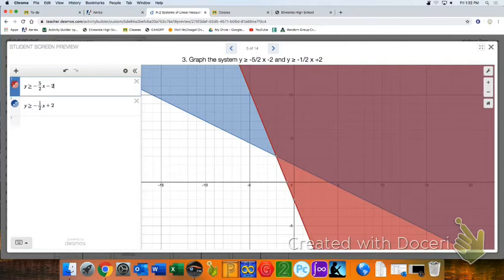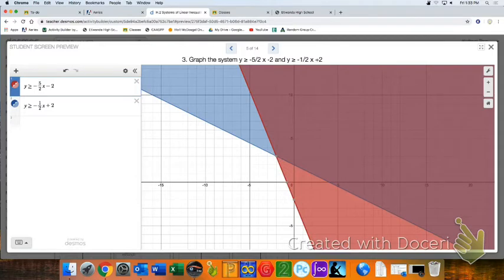Sometimes I'll have people that'll use like a yellow highlighter for one and a blue highlighter for the other. That way the color green shows up where it's overlapping, right? Some people choose to only graph the part that is the overlapped part. However you choose to show it is fine. Does that make sense what I'm saying?